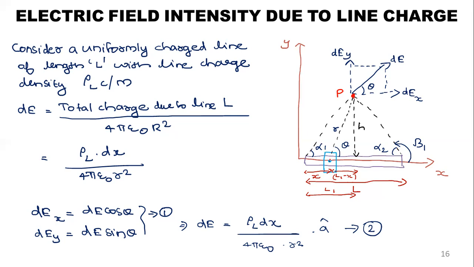The differential length we are considering is at a distance r from point P, where we need to find the electric field, and that small element makes an angle theta with point P.